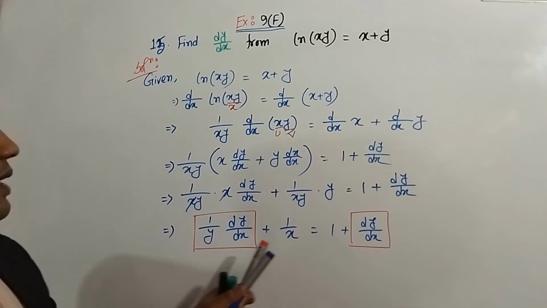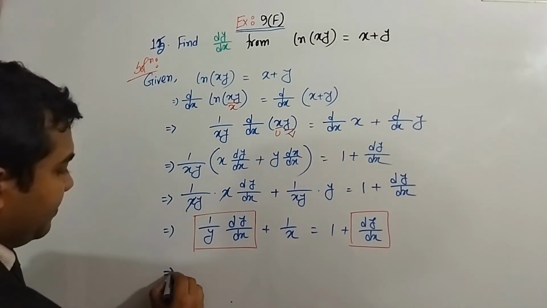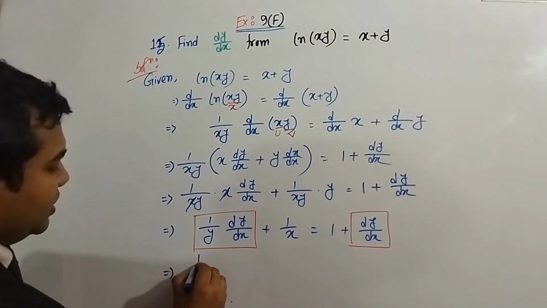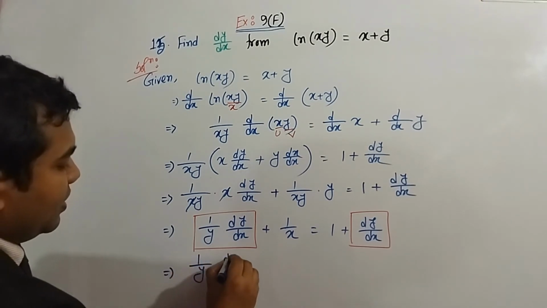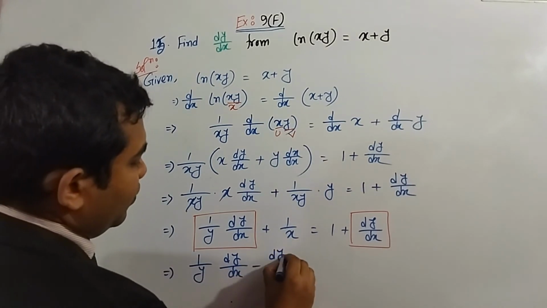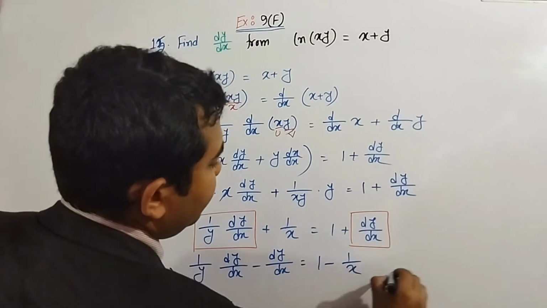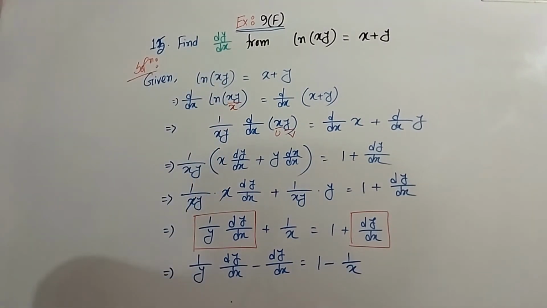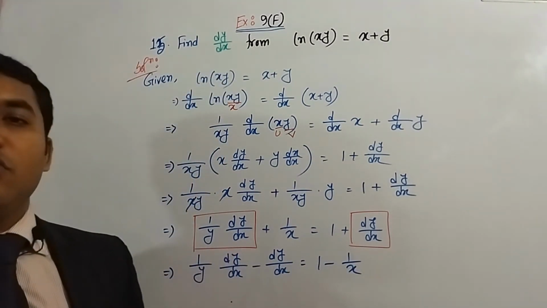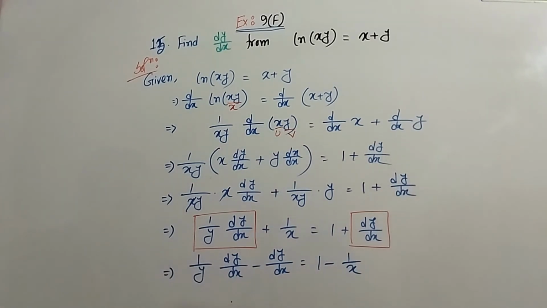Just take these two parts at the one side, then what will we get? 1 by y dy by dx minus dy by dx is equal to 1 minus 1 by x. Just take dy by dx common from the left side. Then what will we get actually?